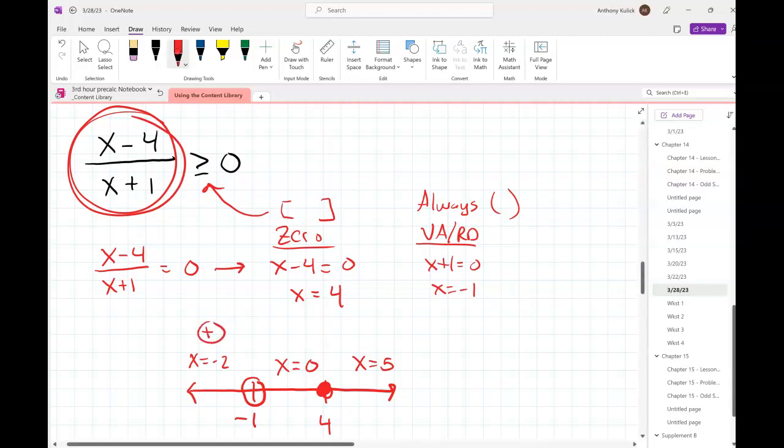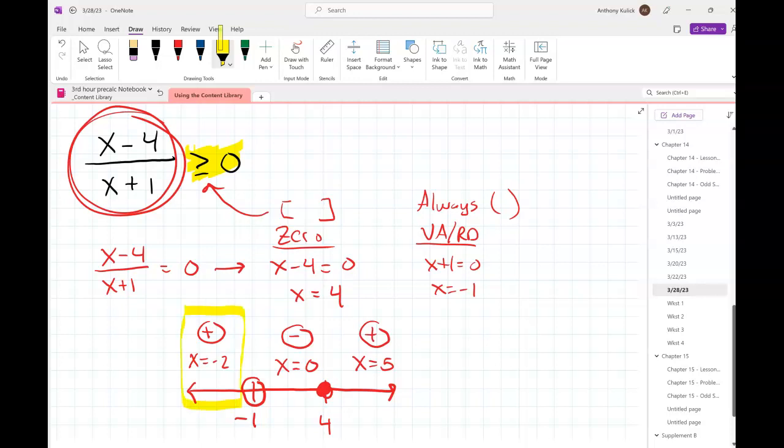When I plug 0 in, I get negative over positive. That's negative. And when I plug 5 in, I get positive over positive. That's positive. So if we want things that are greater than or equal to 0, which parts do I want? I want this piece and this piece, the positive parts.